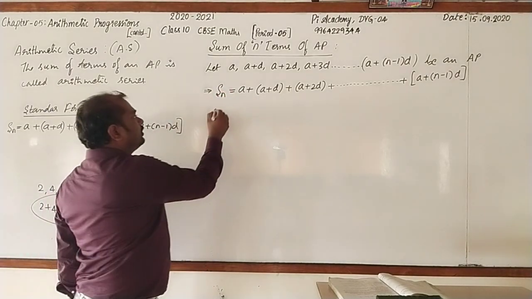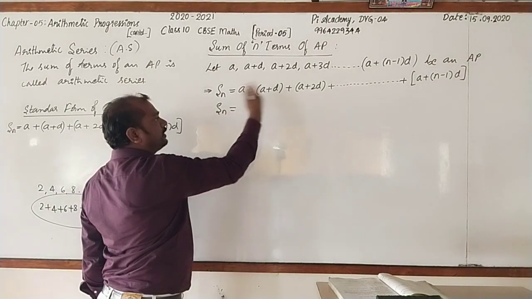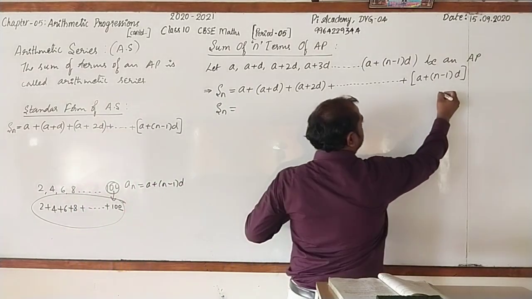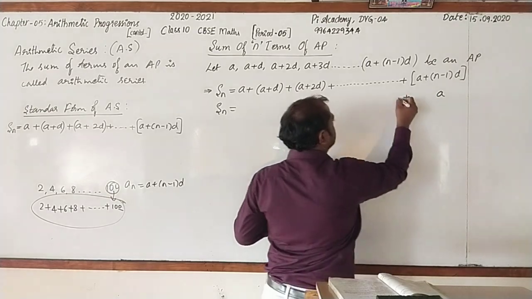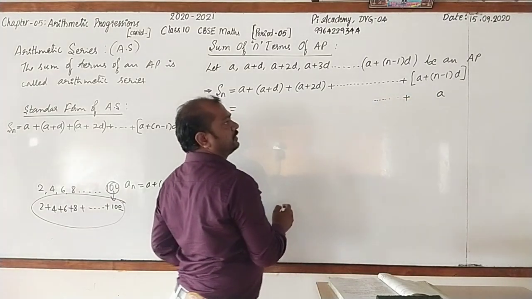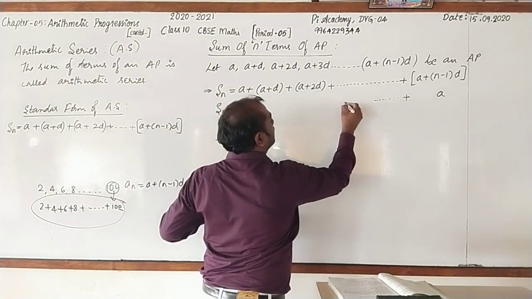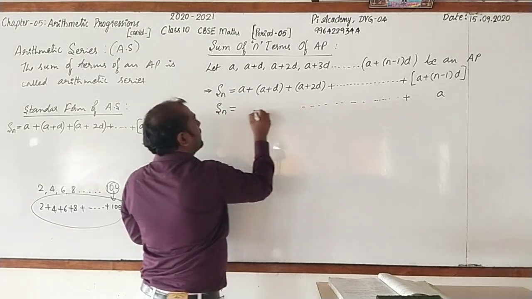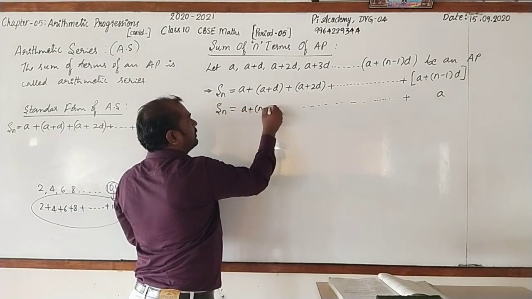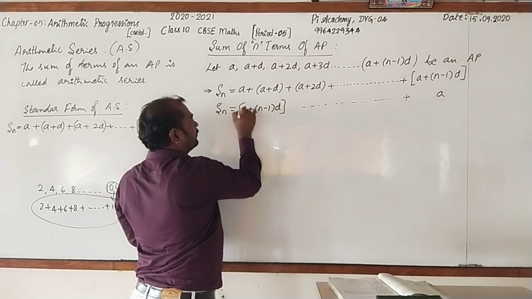Even we can also write this in the reverse order: this is a plus of n minus 1 into d, and so on.